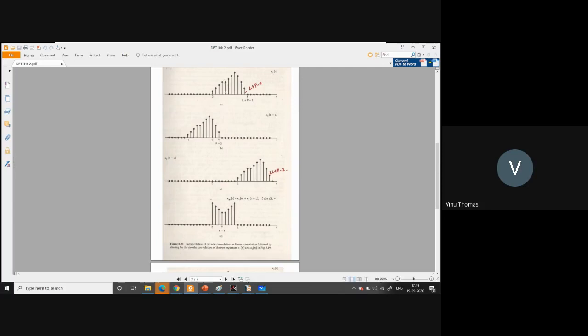So the first P minus 1 samples, from 0 to P minus 2, are incorrect, and the samples from P minus 1 to L minus 1 are correct. Is that clear? This is a very important result.